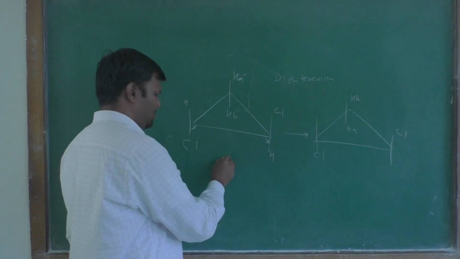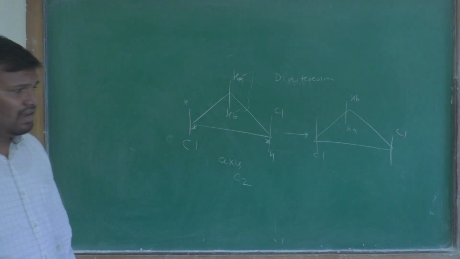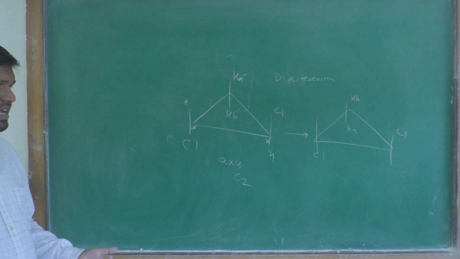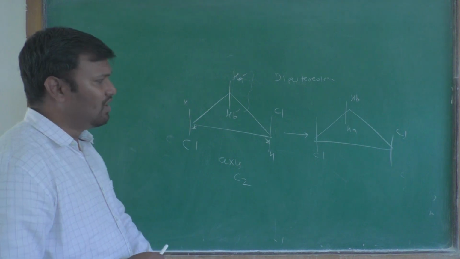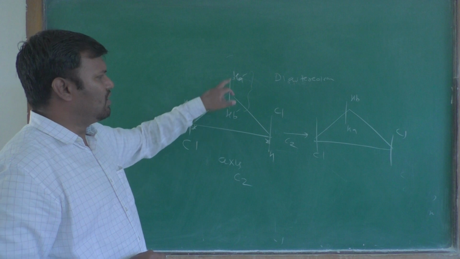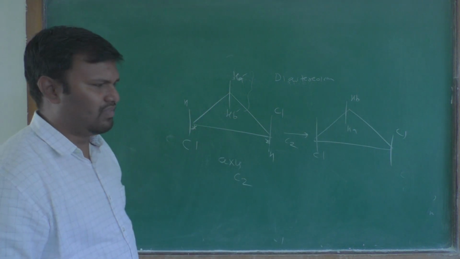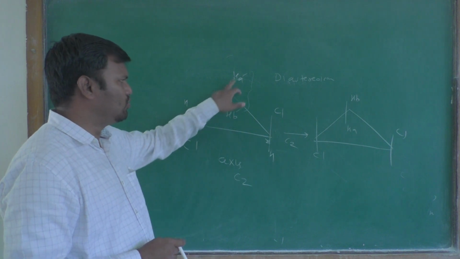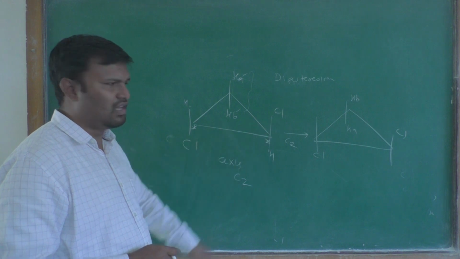And if an axis of symmetry is there, in this case a C2 axis of symmetry, then through the rotation about the axis, these two hydrogens get exchanged, but no change in such groups occurs.